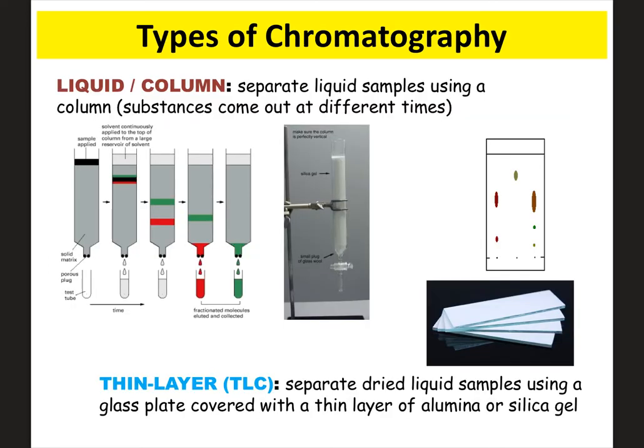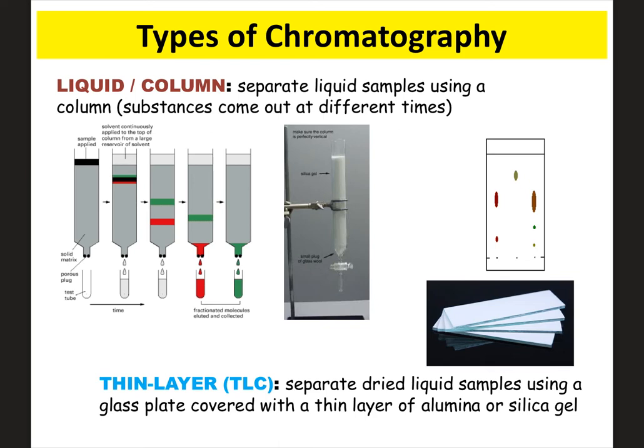There are different types of chromatography, and some are more common than others in a high school lab or a college lab. But there's something called liquid or column chromatography that uses this column to separate the substances. Basically, you dump your sample through it, and based on the attraction to the liquid or the material, the substances will come out the bottom of the column at different times. There's something called TLC or thin layer chromatography, which basically uses these liquid samples that are placed on the slide and they will move through it.